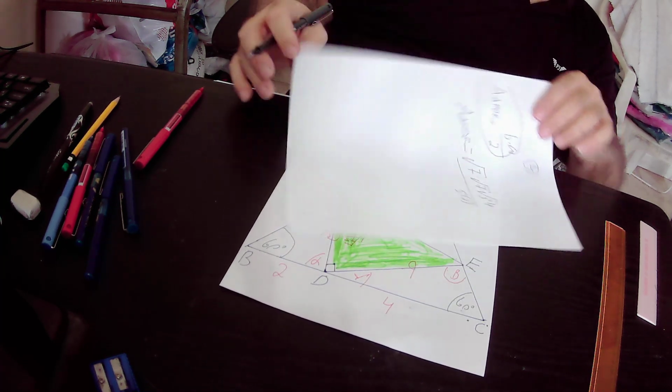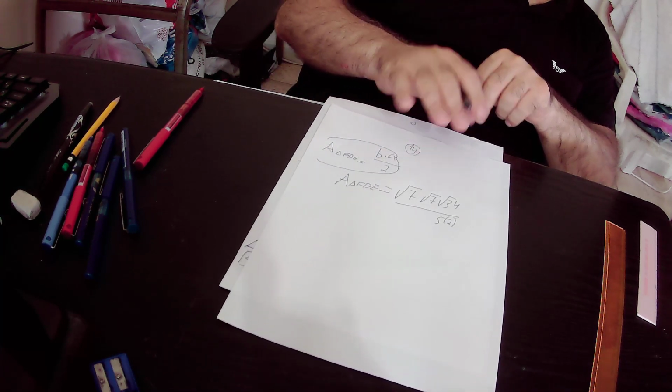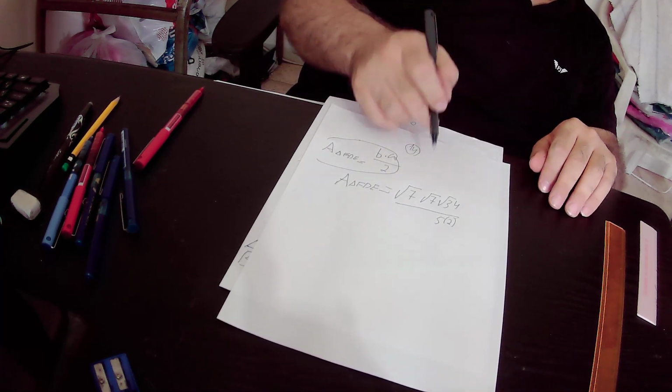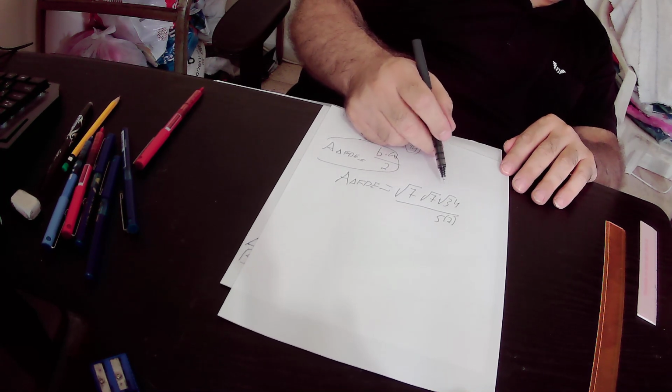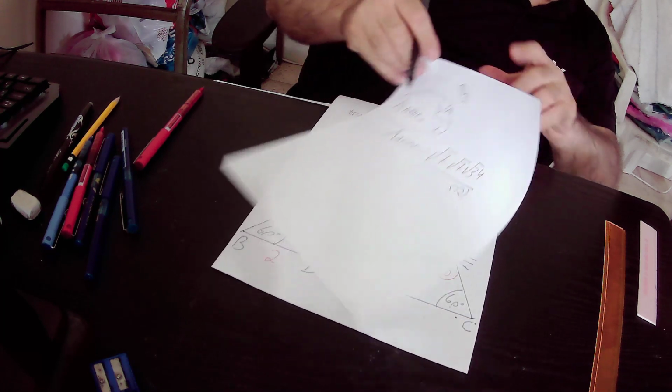Okay, so we found out that the area of the green triangle is this expression, but root 7 times root 7 is 7, and 4 over 2 is 2, so I write it down.